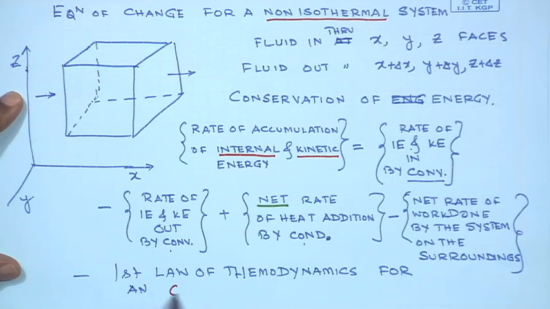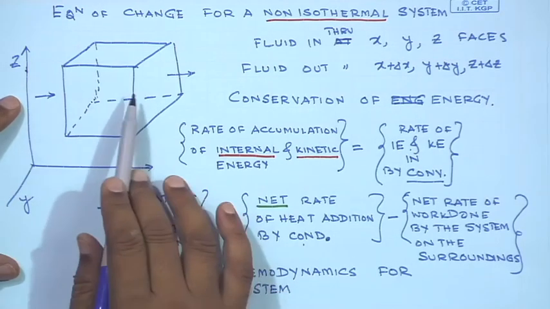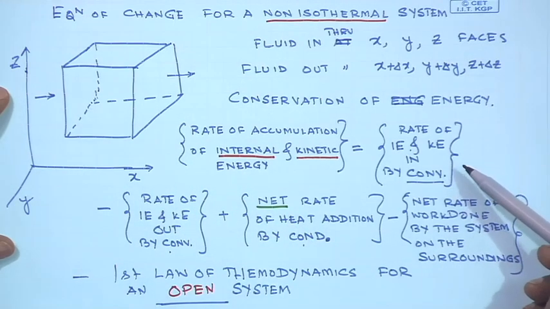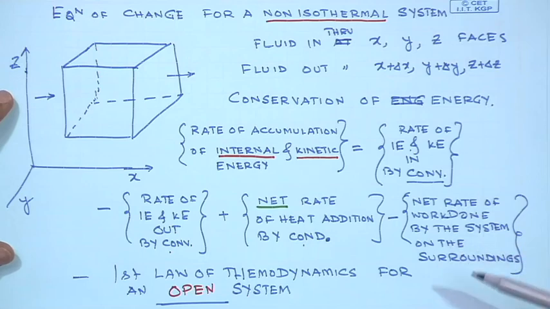And when we talk about an open system, that means we are allowing fluid to come in and go out. So, from this generalized energy equation, we can subtract the mechanical energy equation and we can obtain the more commonly used thermal energy equation.